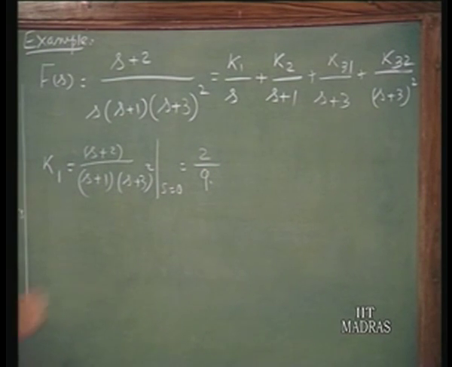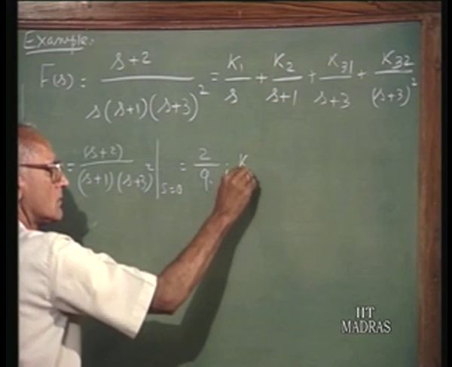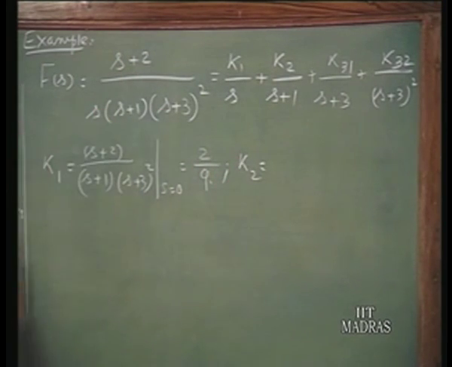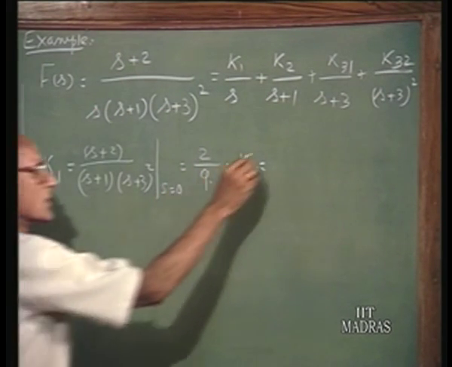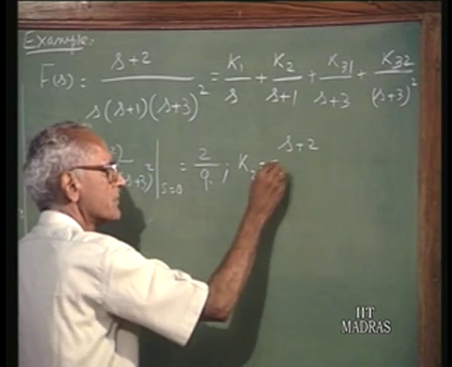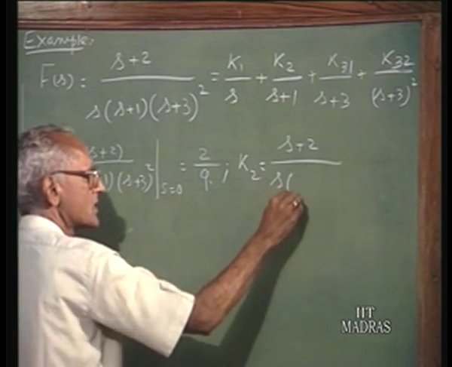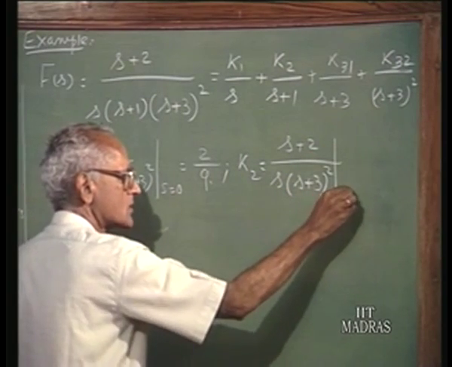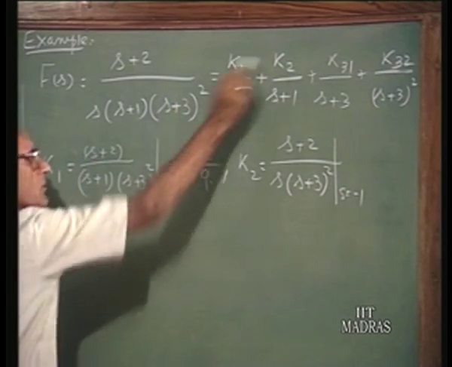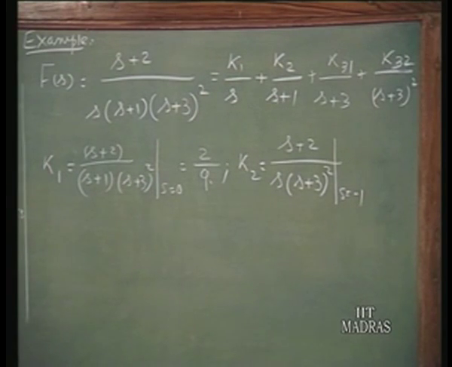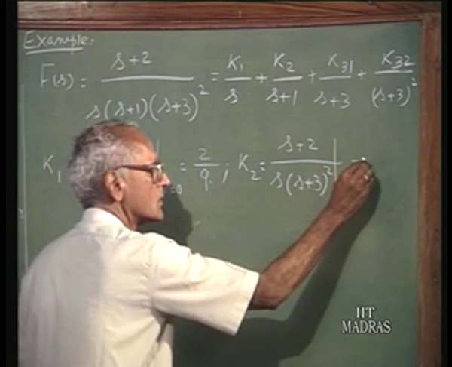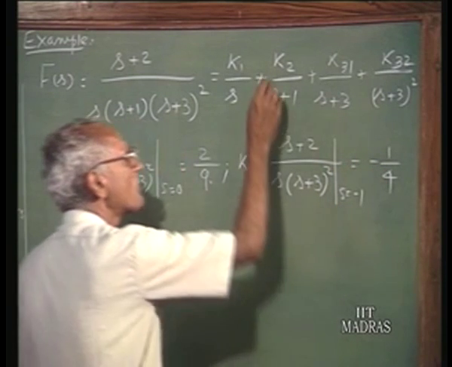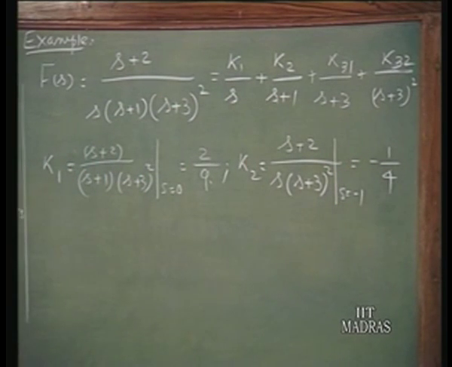Similarly, if you want to find k2, you multiply this rational function by s plus 1, which leads me to s plus 2 over s times s plus 3 whole squared, and substitute s equals minus 1, because that is the pole at which you want to find the residue, and that becomes minus 1/4. So no problem as far as these two are concerned.